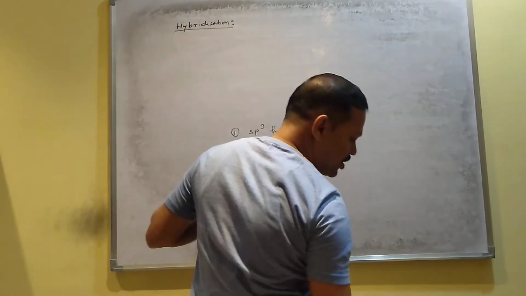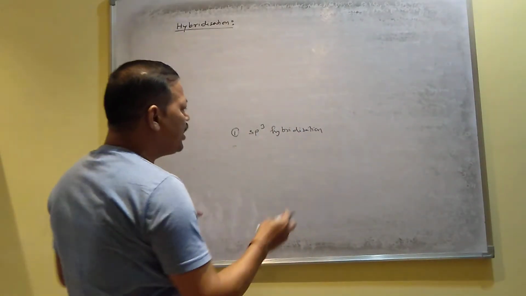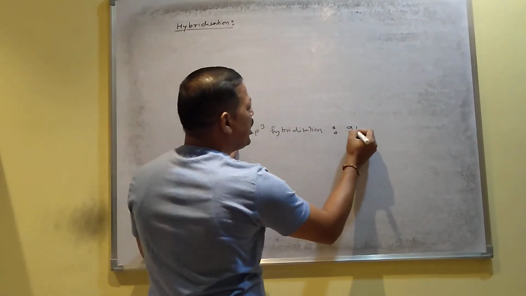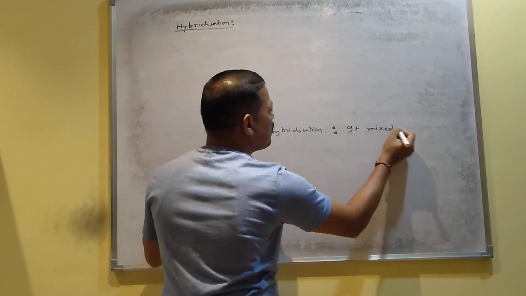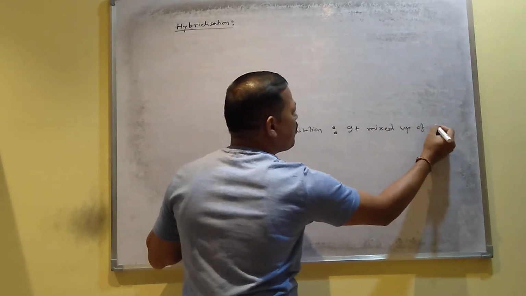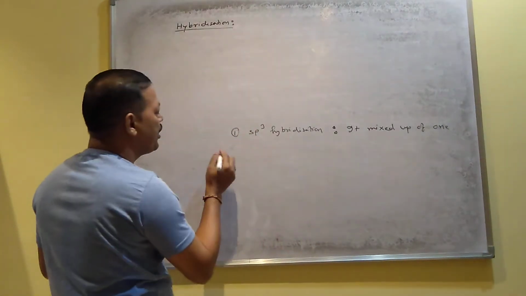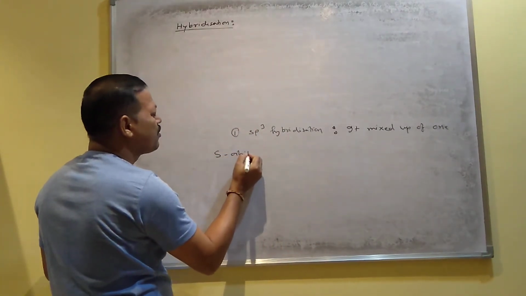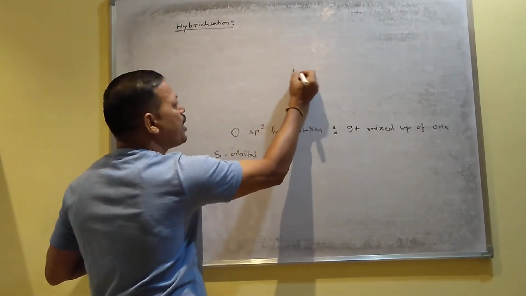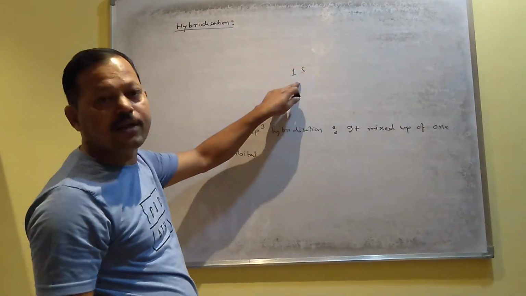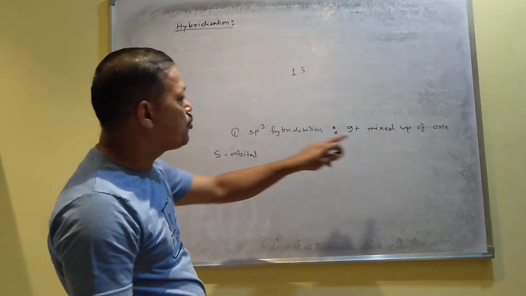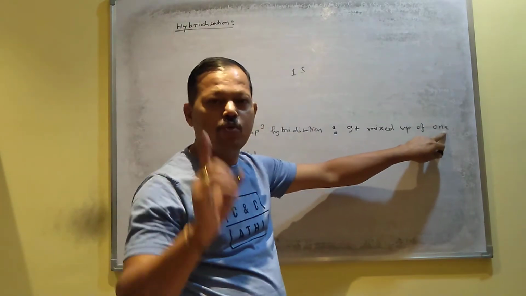So what is sp3 hybridization? In this hybridization, one s orbital, and 3 p orbitals mix to give 4 hybrid orbitals. See, don't write it like this. One s orbital will represent the first shell s orbital, so you have to write 1s orbital.